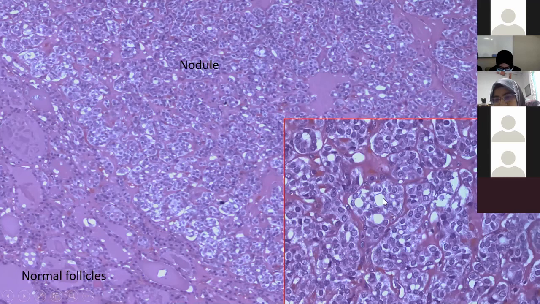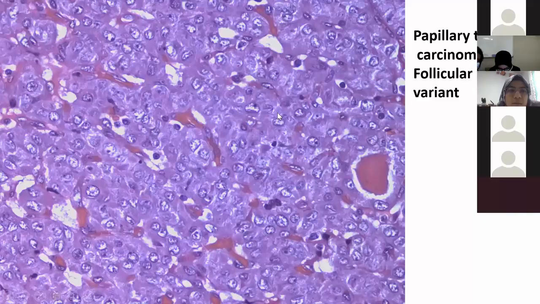You can see very nice microfollicles, and the cells show nuclear enlargement and a bit fine chromatin pattern. Most of the cells show nuclear irregularity like here, but hardly can we see any intranuclear inclusion. This is the close-up view.